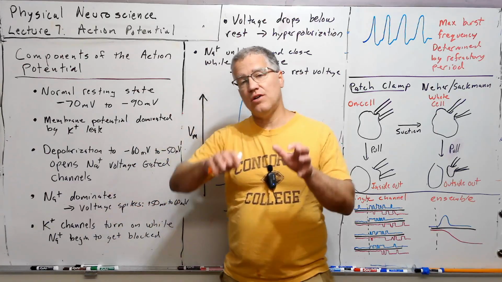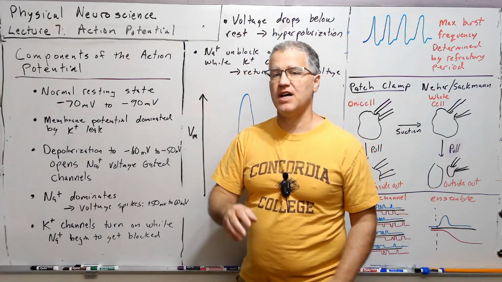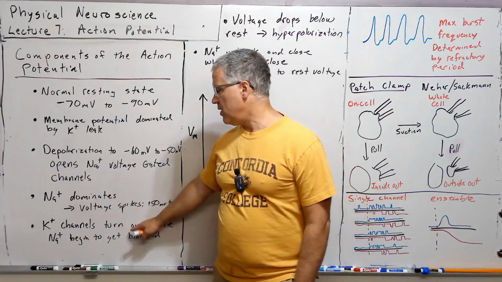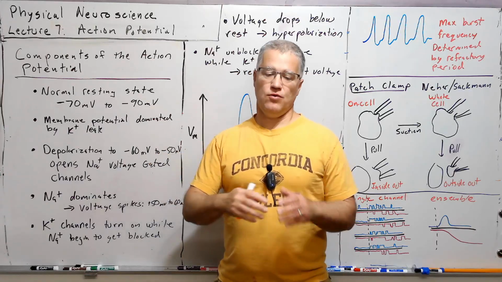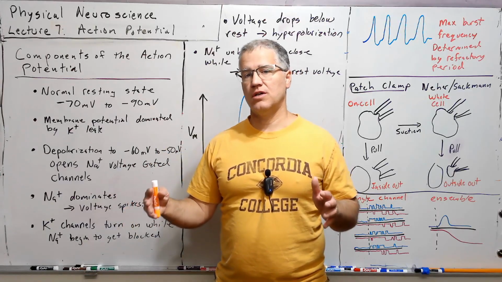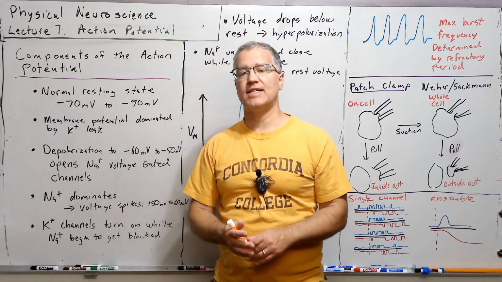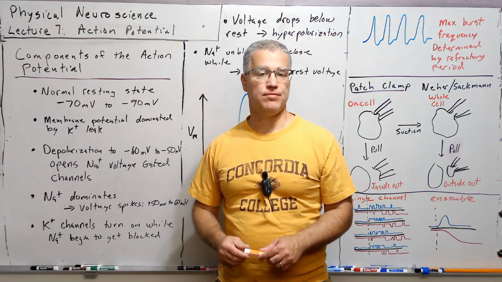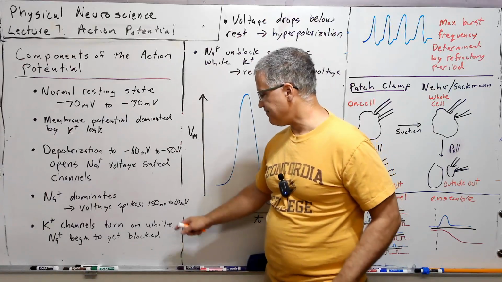But just for now, we know that that closes again, which then diminishes the conductivity of the sodium. Meanwhile, the potassium voltage-gated channels are opening up. So we get this really strong conductivity of potassium now, which then slams the voltage back down and actually goes a little bit below, or hyperpolarizes below the rest state.